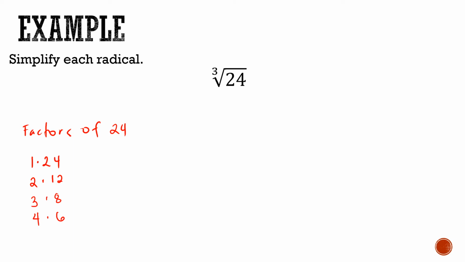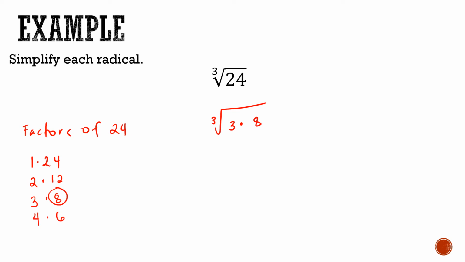Now, since the given is a cube root, we'll be finding out among the factors which is a perfect cube number. Among the factors, the only number which is a perfect cube is actually 8. Therefore, we will be using 8. So we can write this as the cube root of 3 multiplied by 8.